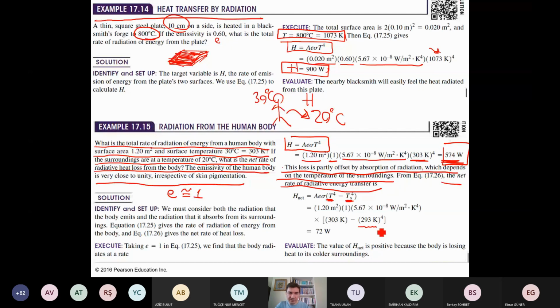And this is 303 Kelvin, the temperature of the body, which is actually 30 degrees Celsius. Then we have the net rate of radiative energy transfer given by this expression. Just put all the numbers here, and we have this expression. So the body is losing heat. Any question with these examples?